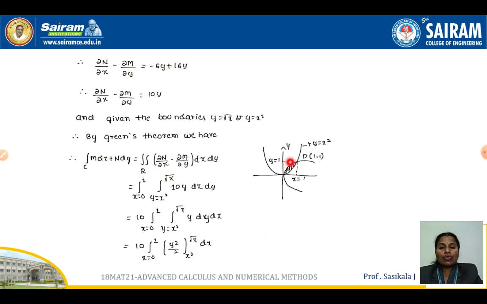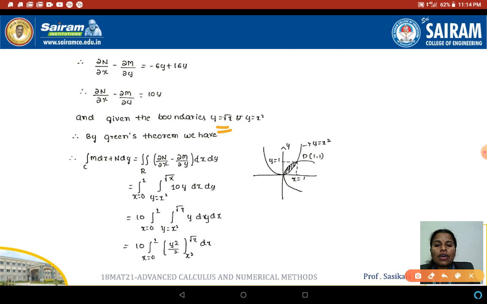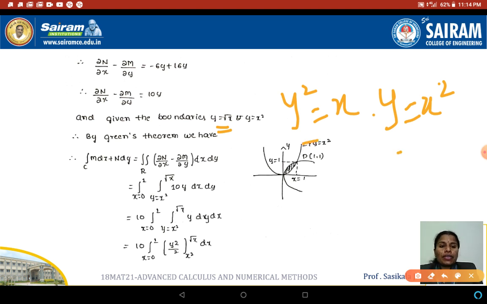What are the intersection points? To find that point, take y equals x squared along with y squared equals x. Replace in any one of the equations and simplify. With y squared equals x and y equals x squared, I get x power 4 minus x equals 0.